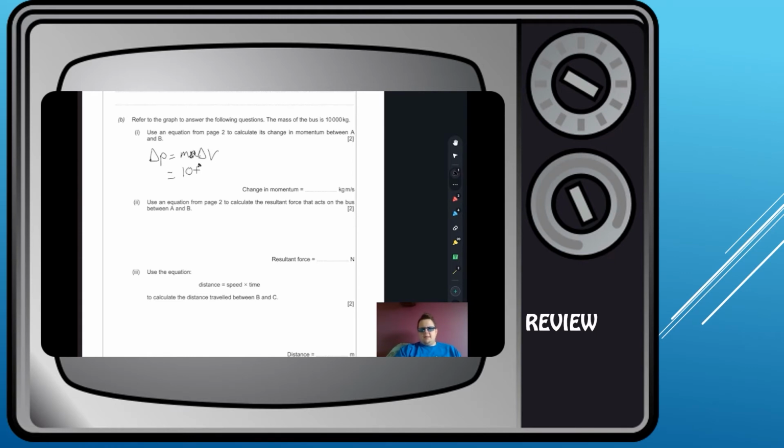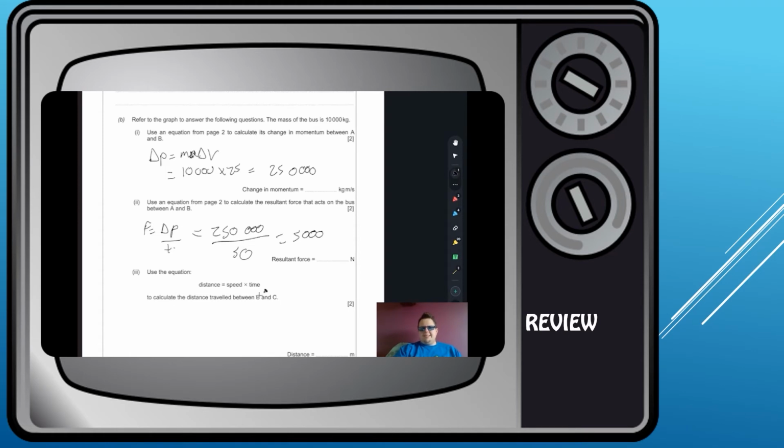So that's going to be 10,000 times 25, which is 250,000 kilograms meters per second. Calculate the resultant force. So force is going to be change in momentum divided by time. So that's going to be 250,000 divided by 50, which is 5,000 newtons.